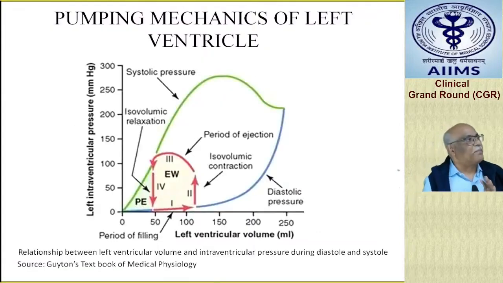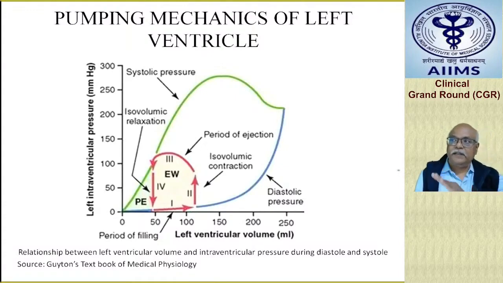See, look at this graph. It is in the diagram. When you fill the LV with different volumes and close the aorta and stimulate the muscles, LV can generate a pressure up to 275 without increasing the muscle mass. And what pressure are we operating at? 80 to 120.